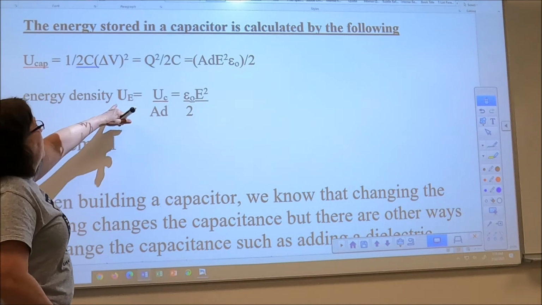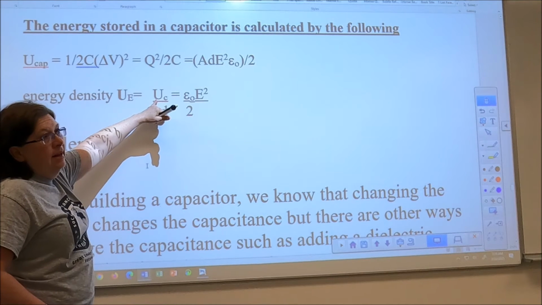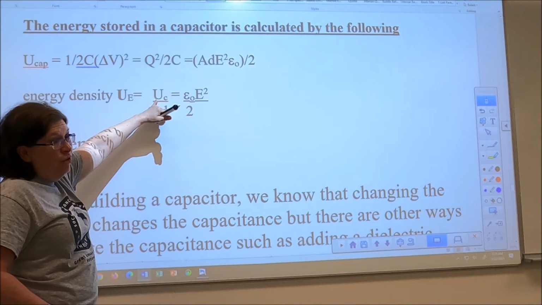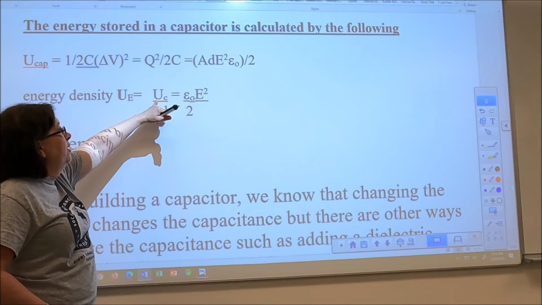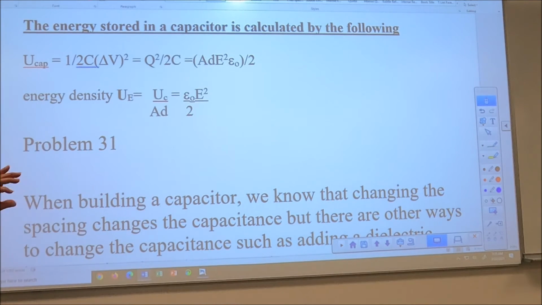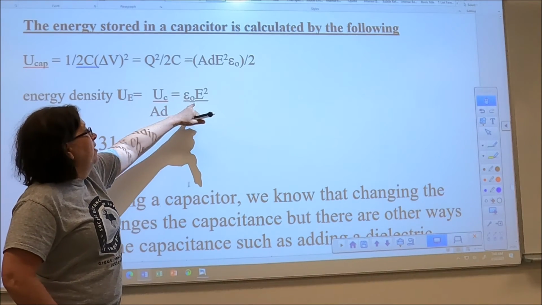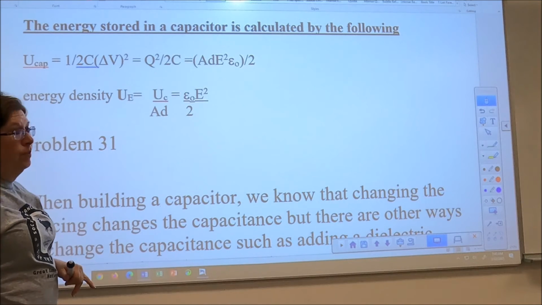So, the energy density is equal to the electrical potential energy for the capacitor divided by A times D. A, surface area of the capacitor, D, the separation between the plates, that gives you a unit volume. That's why it's energy density. Or it can be thought of as epsilon 0 E squared over 2.